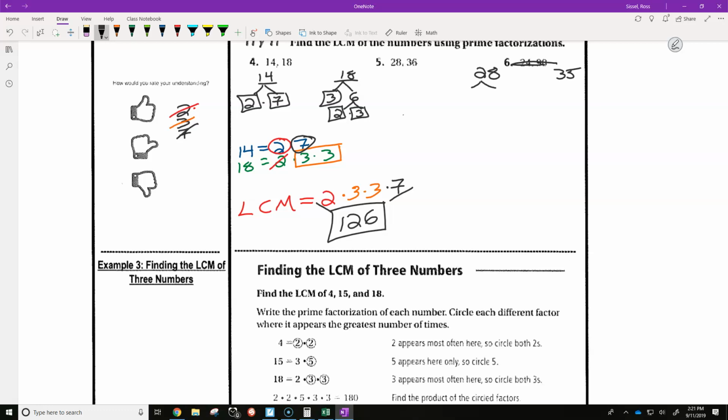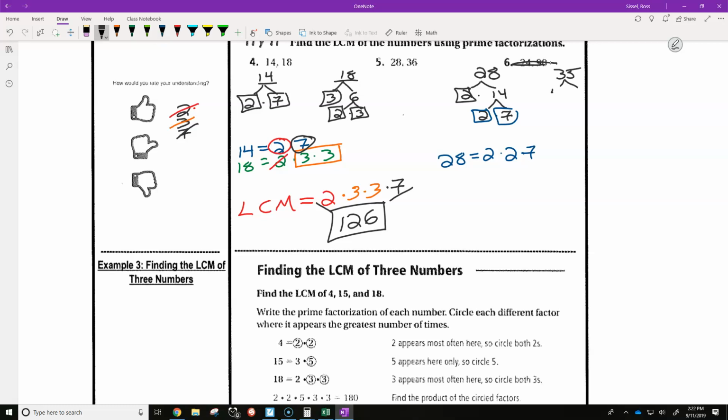First thing, we're going to make our factor tree of 28. What is a factor pair for 28? I'm going to do this quickly for you. 2 and 14. 14 I'm going to make 2 times 7. I'm going to draw my boxes. I'm going to say 28 is 2 times 2 times 7.